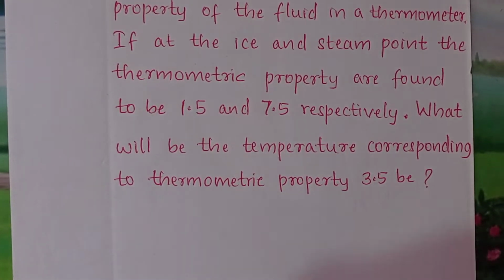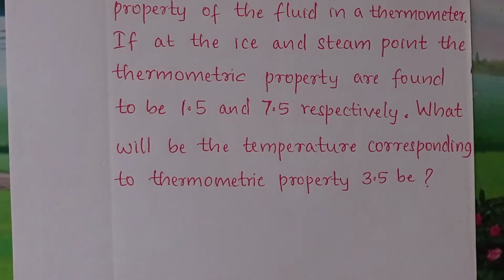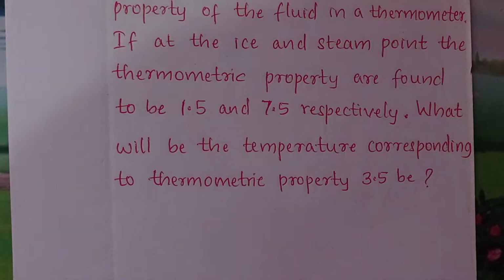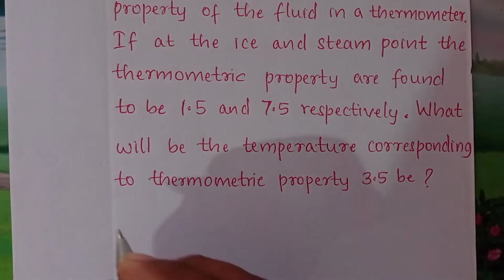So as I said, we are discussing the first chapter and the problems are on temperature scales. So let us write what are the things given in the problem and then let us proceed. So I'll write down the given things.